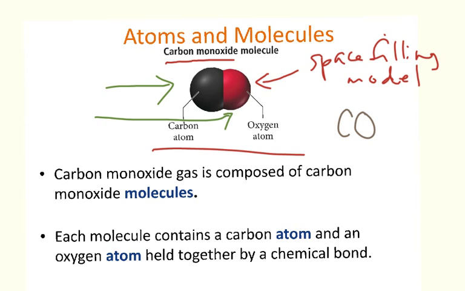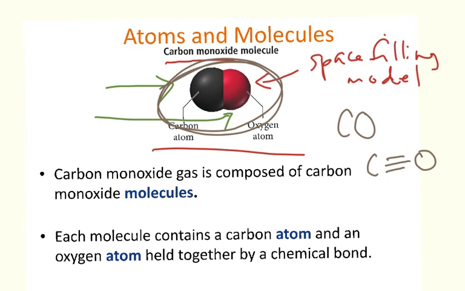So in this case, carbon monoxide would be CO. We said that we could also write the structural formula. In this case, it would be C triple bond O. And then we also said there was another kind of model, ball and stick model. So just keep that in mind as you're looking at these pictures in your textbook and in my lectures, so that you know what we're talking about. And these representations, we refer to as representations at the particulate level.